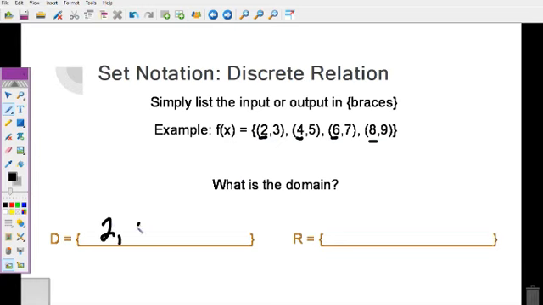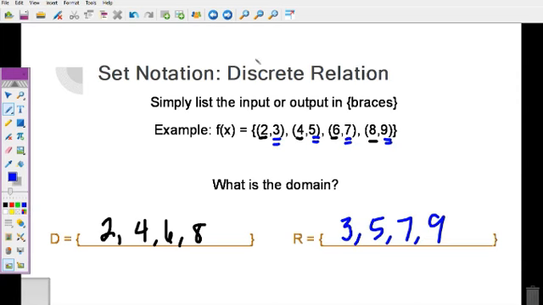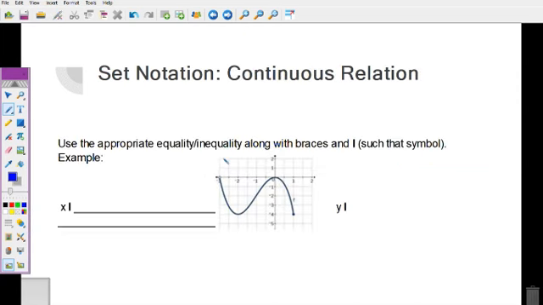So 2, 4, 6, 8. Okay. My range would be 3, 5, 7, and 9. Simple enough. Let's continue with set notation.